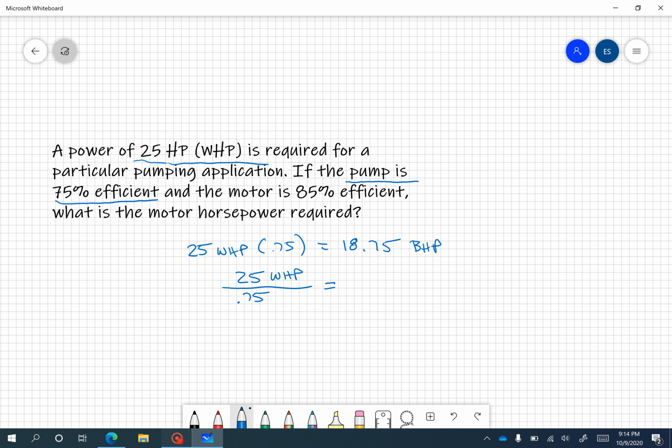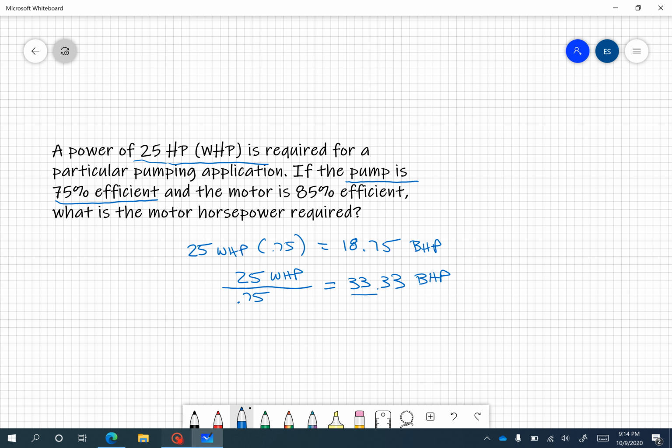So what happens if I divide 25 divided by 0.75 equals 33.33. So now if I set it up this way, my brake horsepower to produce 25 water horsepower is higher.